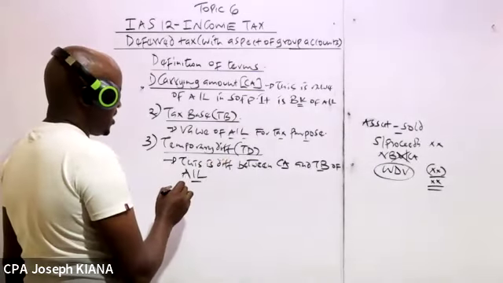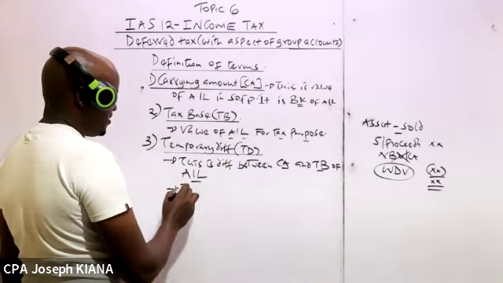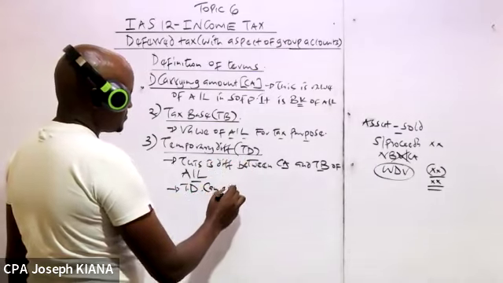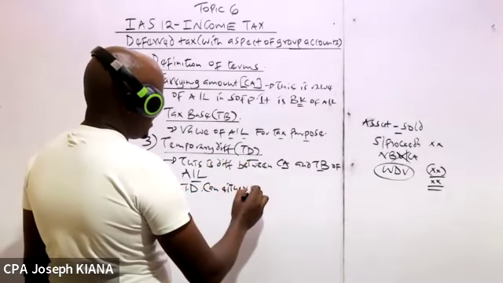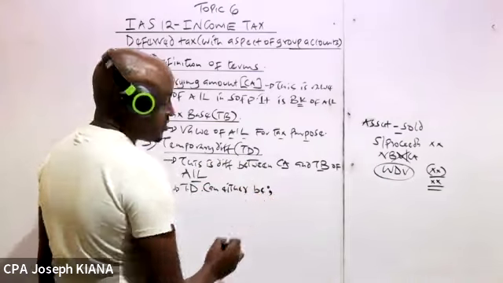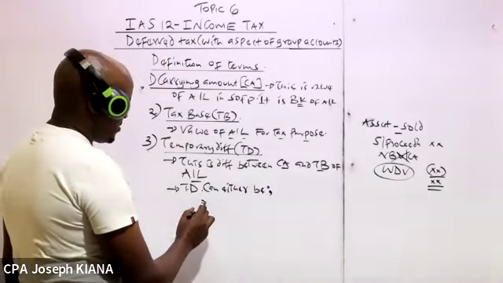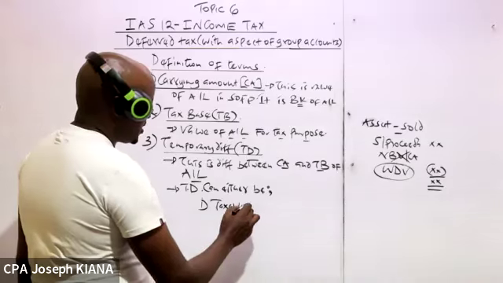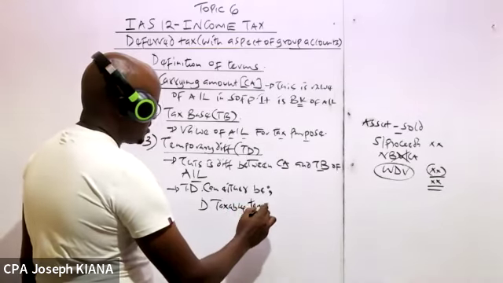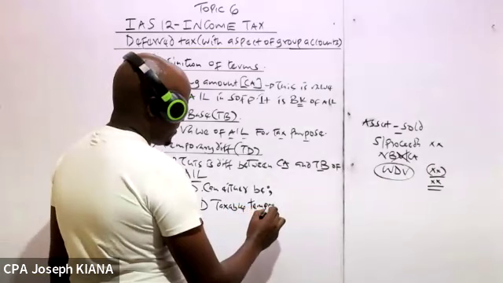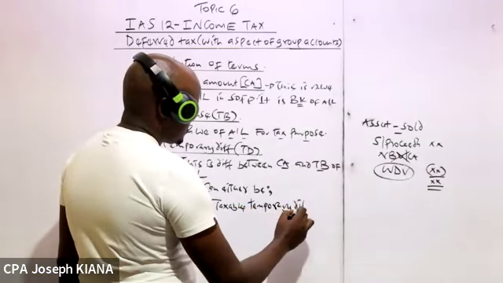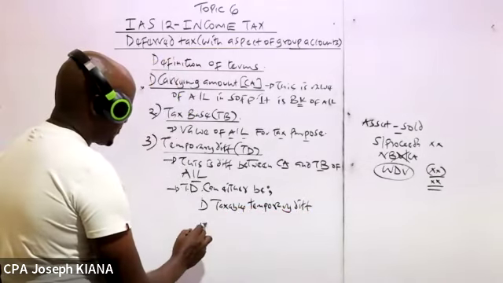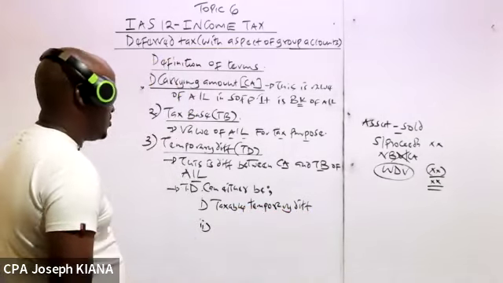In this case, we have two types of temporary difference. We say that TD, which is temporary difference, can either be: number one, the taxable temporary difference, and number two, the deductible temporary difference.